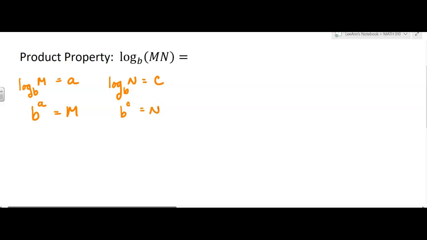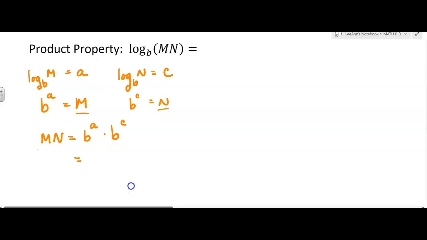Well, now what if I multiply m times n? Because that's what we have right in the argument up here. So mn is equal to b to the a times b to the c. But we know how to multiply when the bases are the same. You add the exponents. So it's b to the a plus c, right?